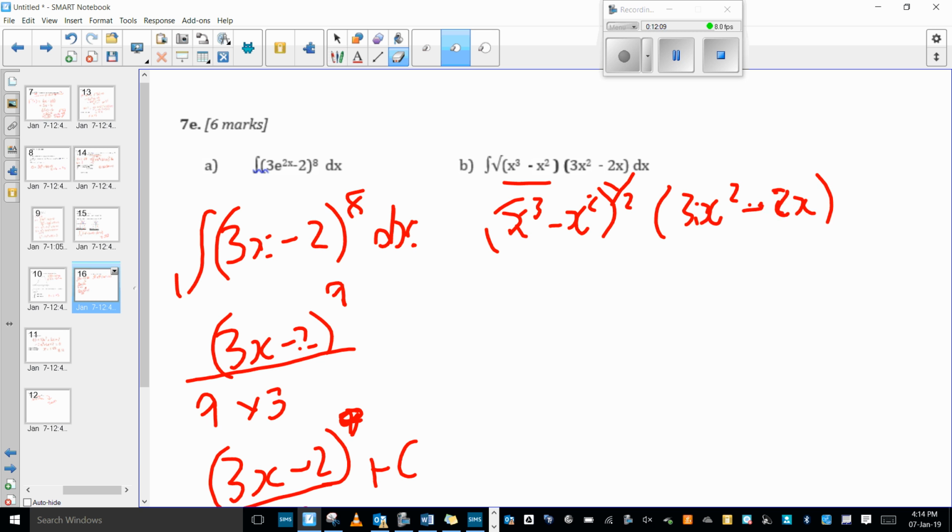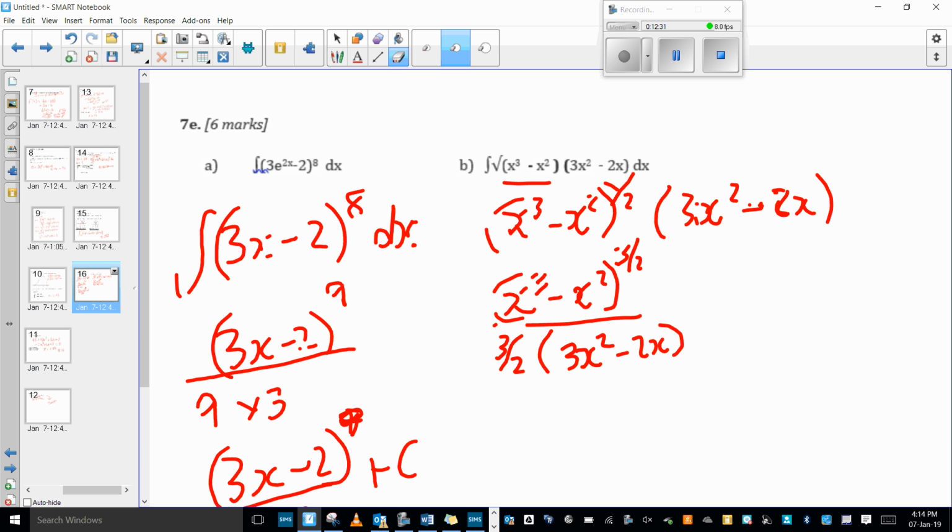If we focus on this left-hand side, if we integrate that, it would be x cubed minus x squared to the power 3 over 2, divided by 3 over 2, but also divided by the derivative of what's inside, so that's 3x squared minus 2x.